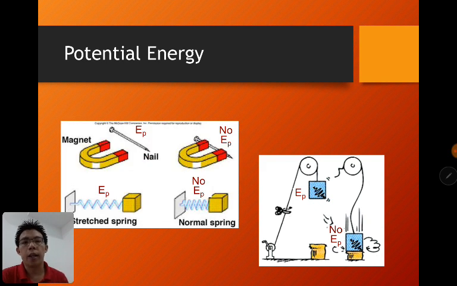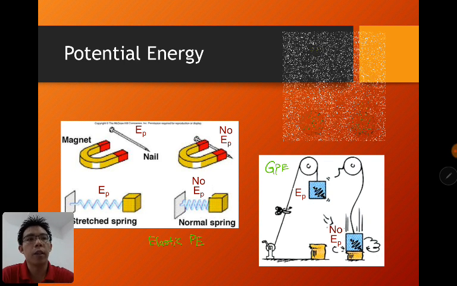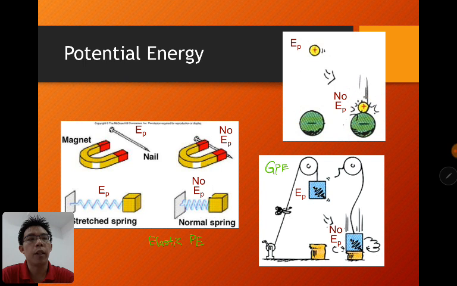Other cases are like springs, elastic potential energy. This is GPE just now. This is the elastic potential energy. The one on top here is magnetic potential energy, but we are not going to look at that actually. And we have electrical potential energy.